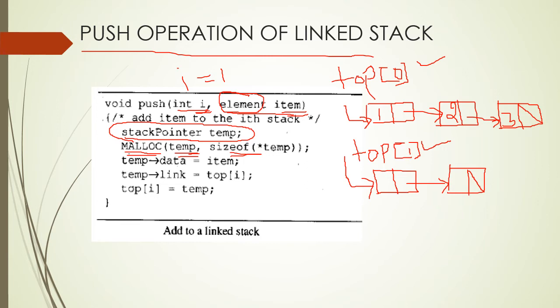Since temp is a stack pointer, it is a structure which consists of two fields: a data field of type element and a link field which is again a stack pointer. When this statement is executed, it will create a node with the name temp, consisting of a data field and a link field.